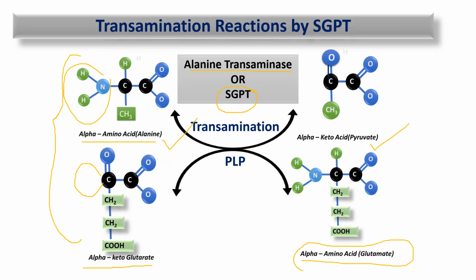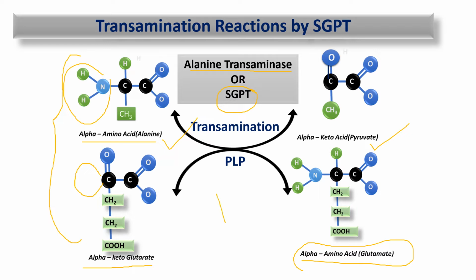This process is called transamination, and the substrates here are alanine and alpha ketoglutarate, and the products are pyruvate and glutamate. The enzyme is SGPT, that is serum glutamate pyruvate transaminase or alanine transaminase.